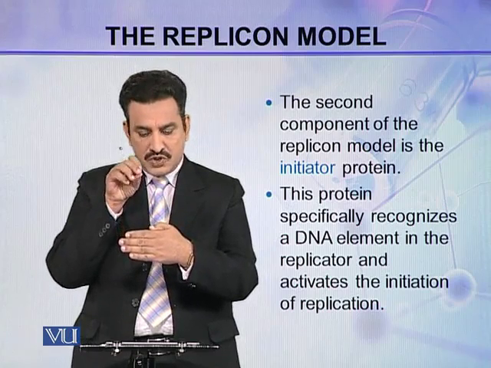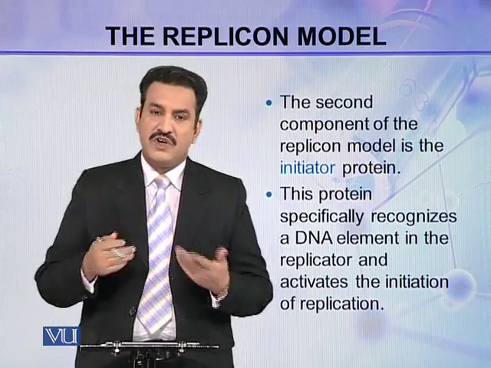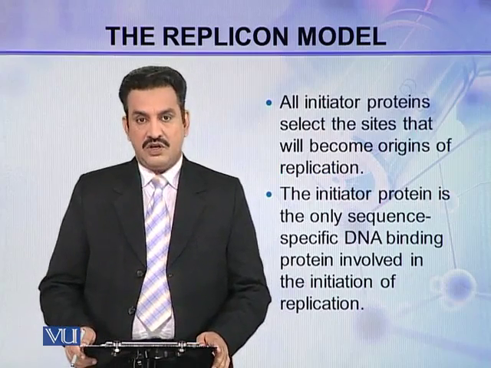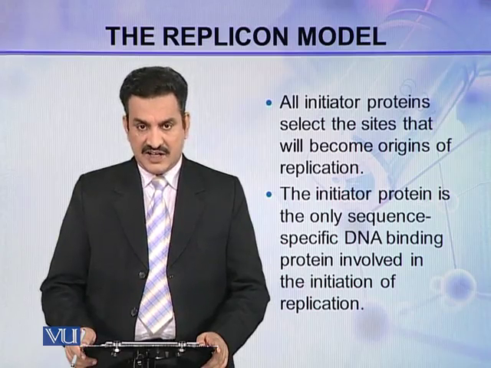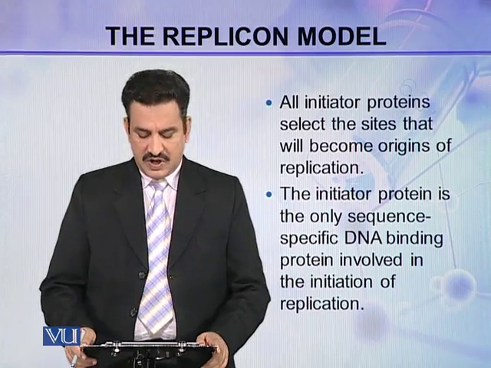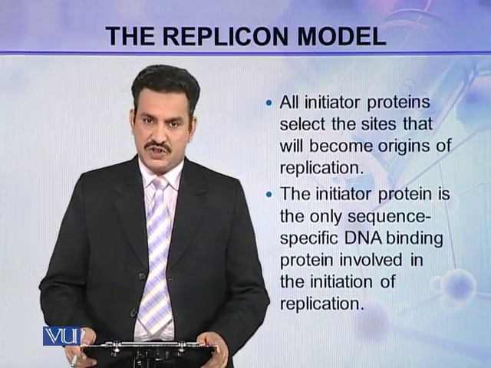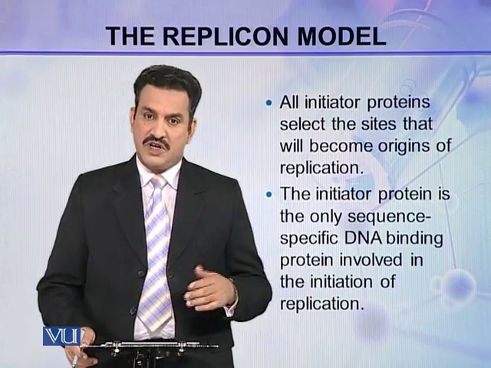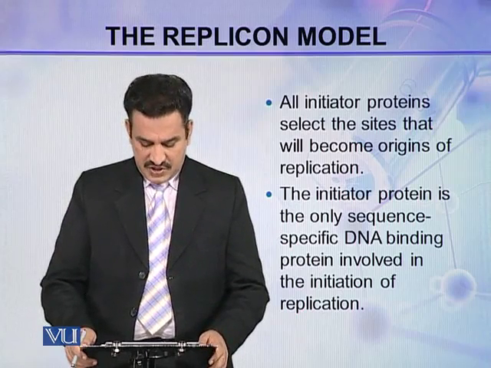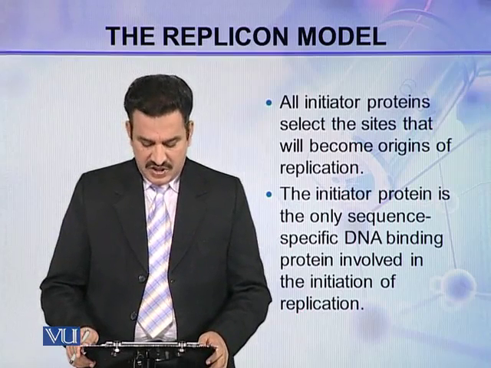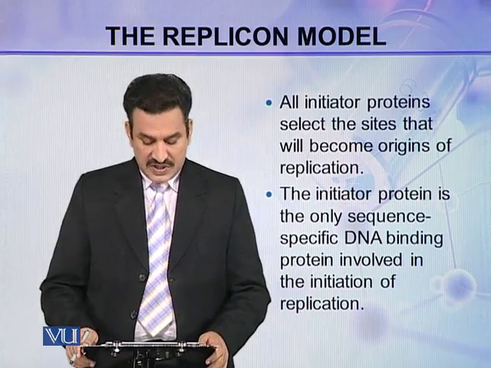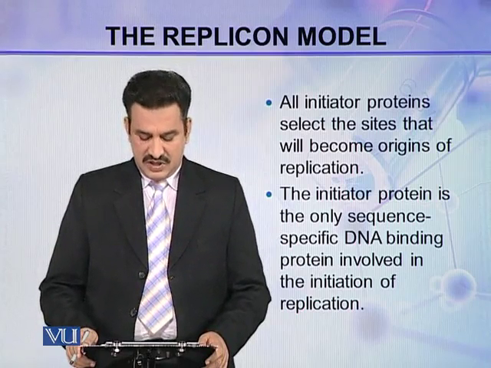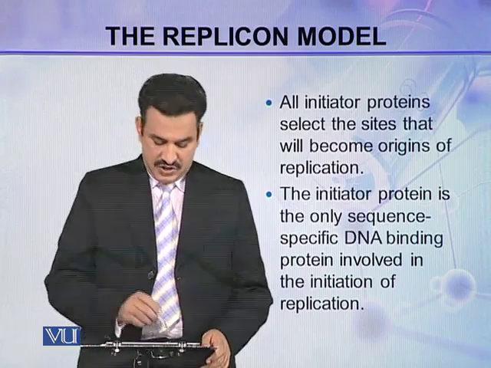It identifies some specific site from where the initiation of replication will take place. All the initiator proteins select the sites that will become origins of replication. Whatever site is selected by the initiator will become the origin of replication. The initiator protein is the only sequence-specific DNA binding protein involved in the initiation of replication.